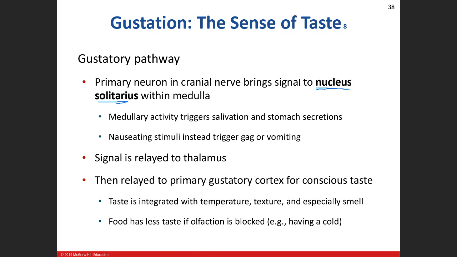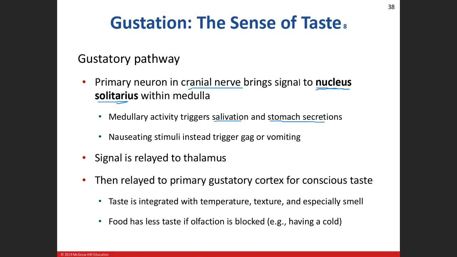So in this structure here, this is awesome, because that primary neuron is going to head here via the cranial nerves to the nucleus solitarius. That's going to trigger what? Salivation, stomach secretions. Salivation involves cranial nerves 7 and 9, but the motor component, remember, cranial nerves can be purely sensory, purely motor, or both.